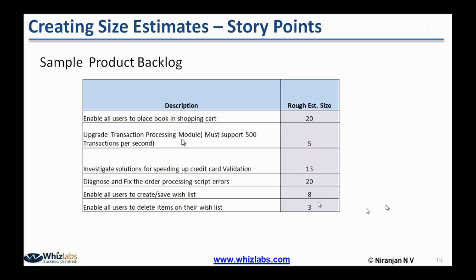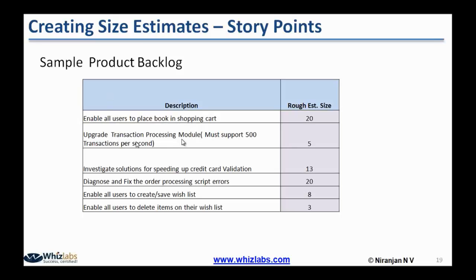In this case, enabling all users to delete items on their wish list is 3 points, so this is the smallest. How do we determine this? The entire team should go through all the features. When they go through all the features, okay, enable all users takes a bit more time.